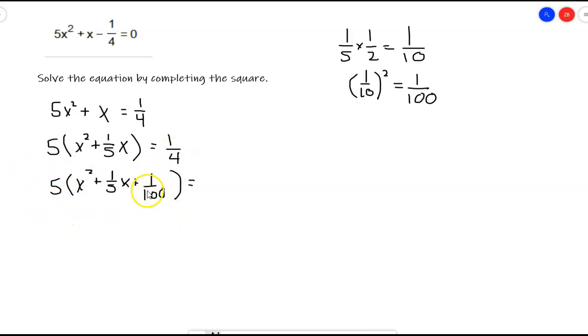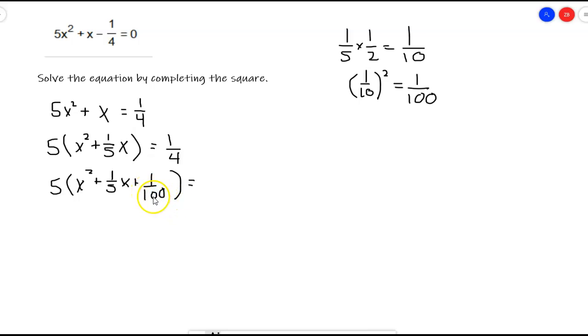I didn't add 1/100 because once I distribute that with the 5, I really added 5/100 or 1/20. So that's really what I added to this side because I'd still have to distribute it back with this 5 in order to figure out what I really added to the left side of the equation.